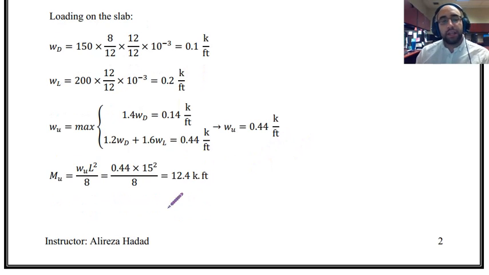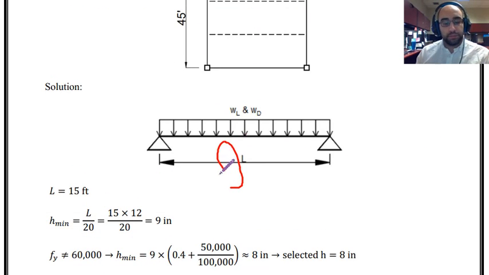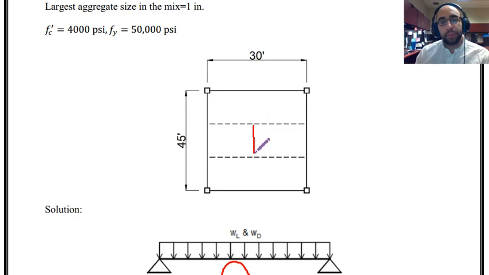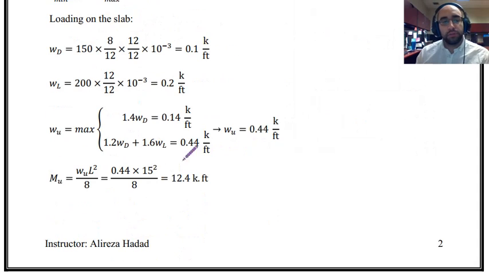Having this, I can calculate the maximum moment, which is WU L squared over 8. W is equal to 0.44. L is equal to 15. The L is the length of the slab, 15. And this is the portion that we are designing right now. So calculating this, it is 12.4 kip per foot.